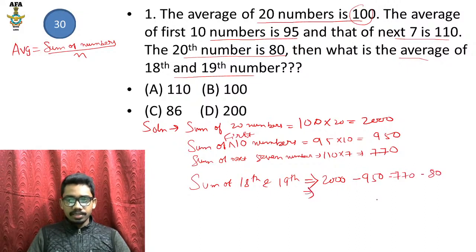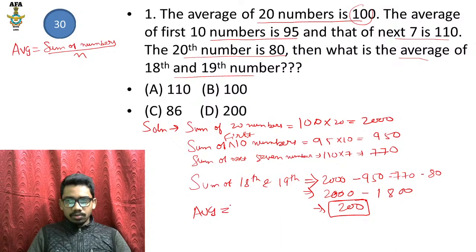So what I can do, I will just add the values. 950 plus 50, 1000, 1720 and 1800. So 2000 minus 1800, sum of 18th and 19th number is equals to 200. Then their average will be equals to 200 by 2, as two numbers are there, so the value of n will be 2. So 200 by 2 is equals to 100, and the answer is 100.